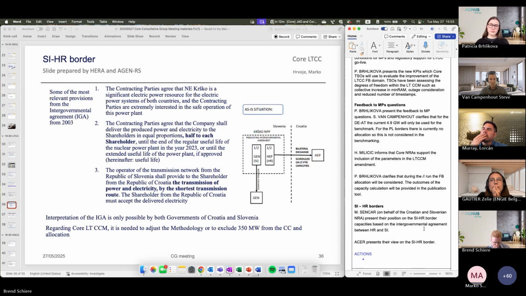The problem is that it was given in the form of an exclusive right. As you see, in the third paragraph here, also the TSO has to give the transmission right to the Croatian shareholder in the form of a right, and it is bound to a border. We cannot ignore this request. Next slide, please.